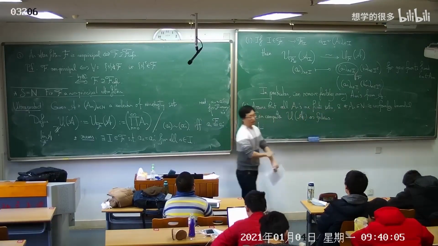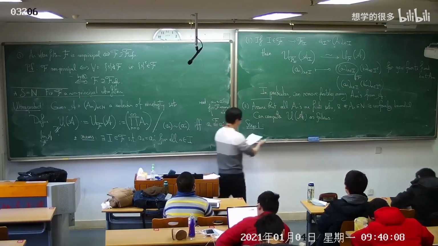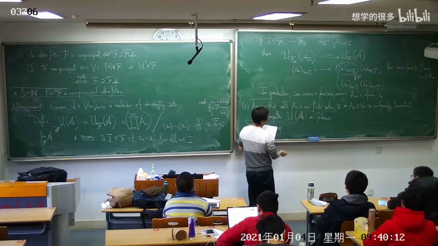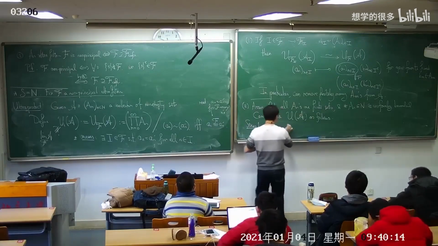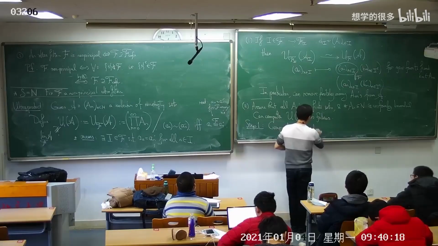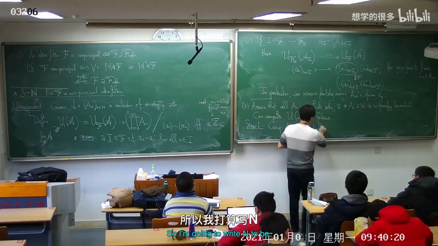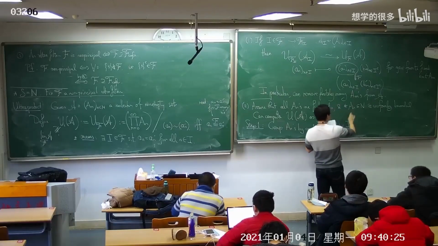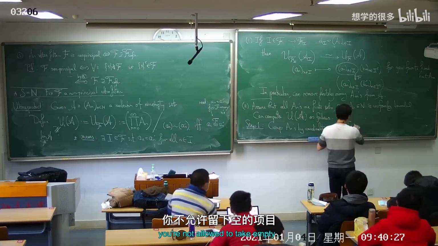So let's compute. I want to group these A_n by cardinality. These are all non-empty. You're not allowed to take empty sets.